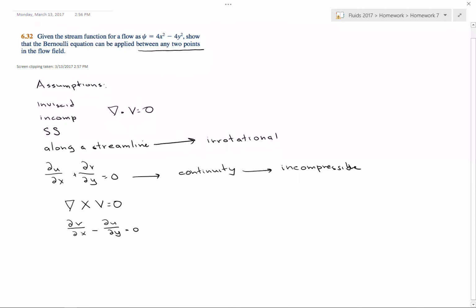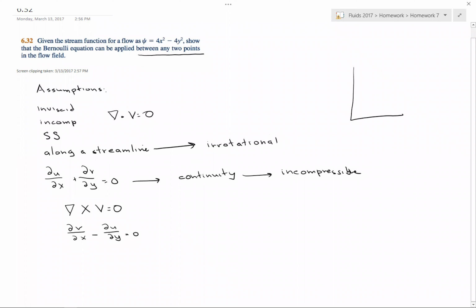Yeah, so basically it's just that u is equal to d, what did you call it? Trident, dy, v equals minus dx.